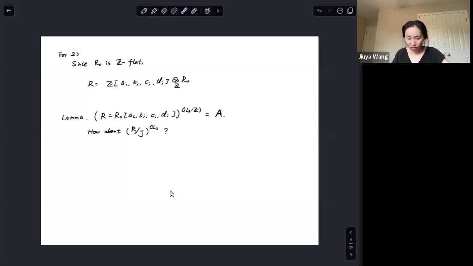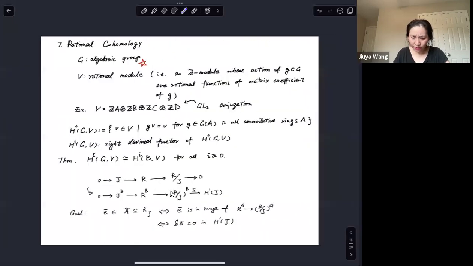And we were stuck here again for a long time. It turns out that to make both ends meet, it is crucial to use what we call rational cohomology. The key idea is that you should really consider GL2 and the Borel as algebraic groups instead of just abstract groups.